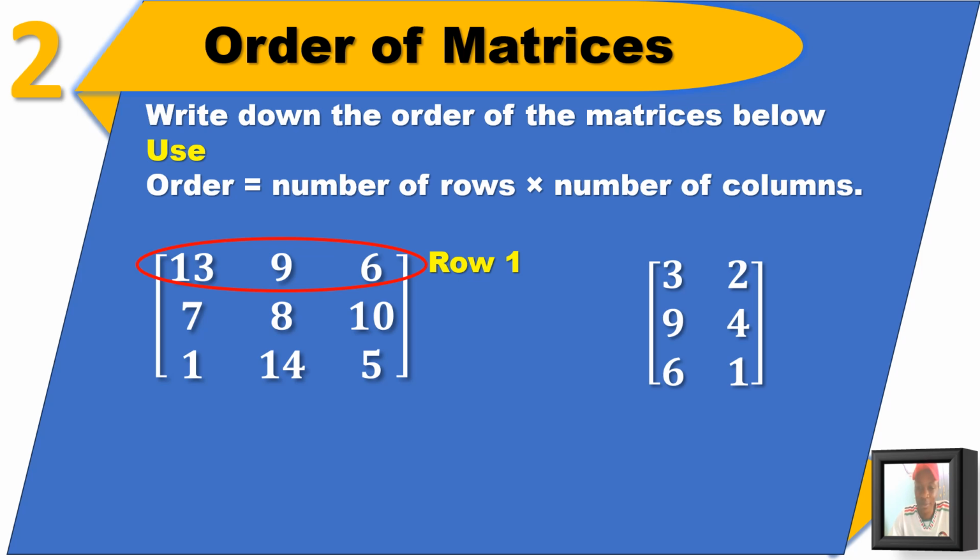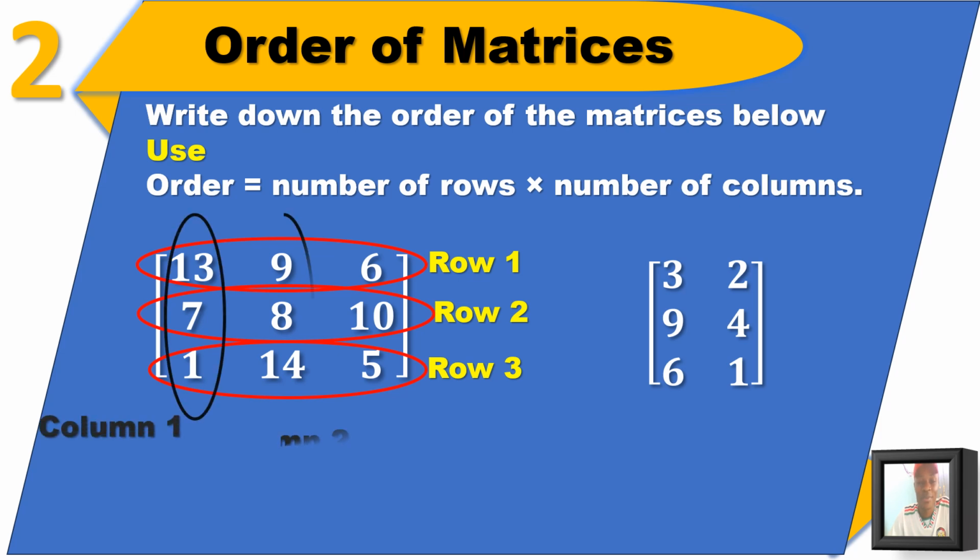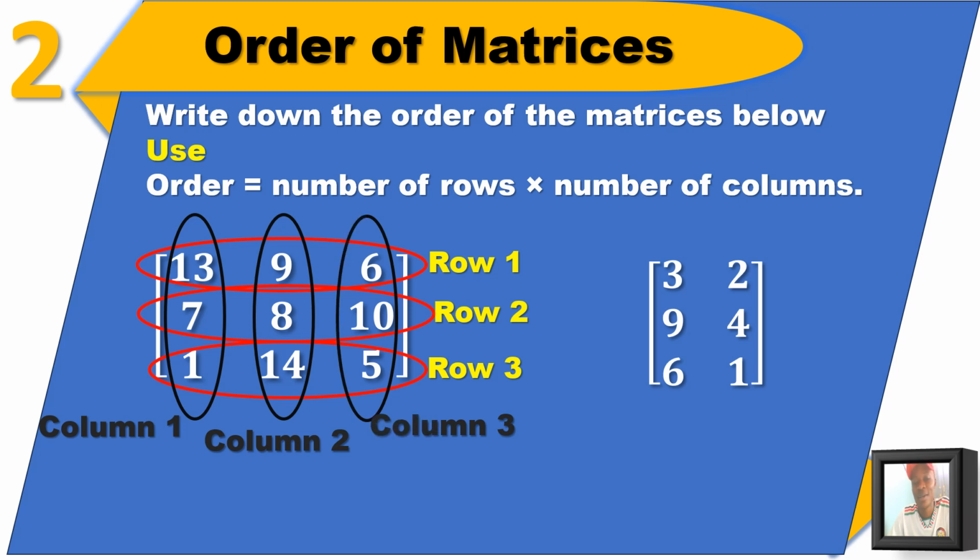Try the second one. Don't fret. It's easy. Count the number of rows, count the number of columns. Then say the order is what by what. There, we have the first row, the second row, then the third row, first column, second column, and third column.